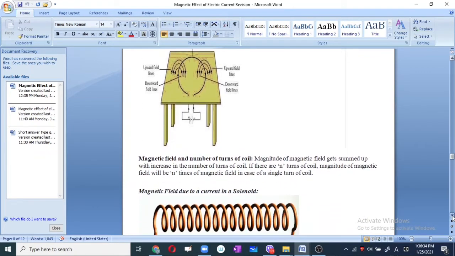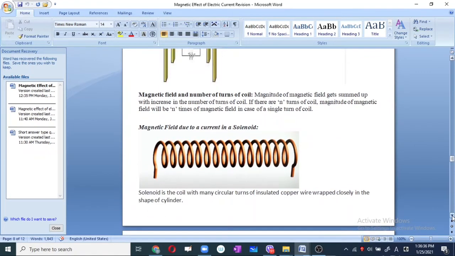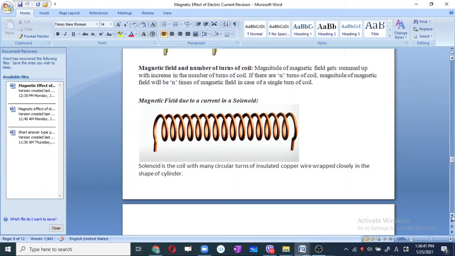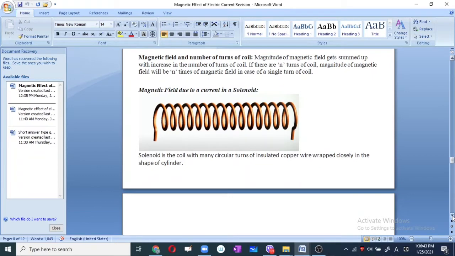Okay, next topic we will discuss is magnetic field and the number of turns of coil. So yeah, we have just studied the magnetic field produced in a circular loop, right? If the number of turns of the circular loop are increased, suppose there are n turns of those circular loop, then what happens?